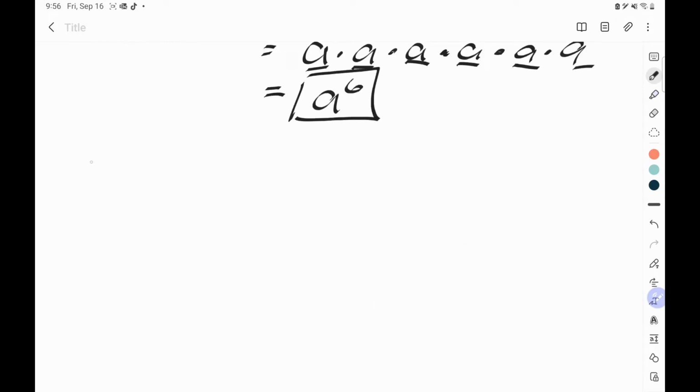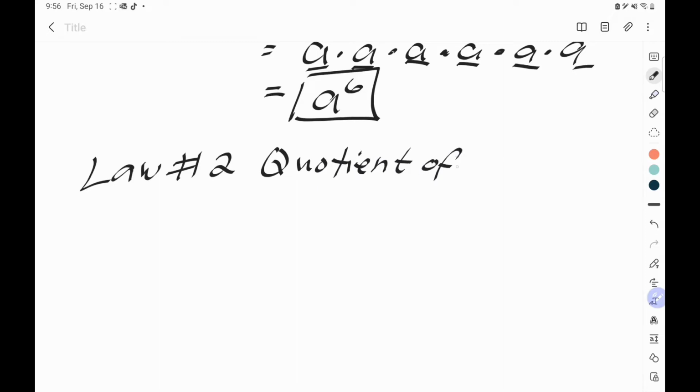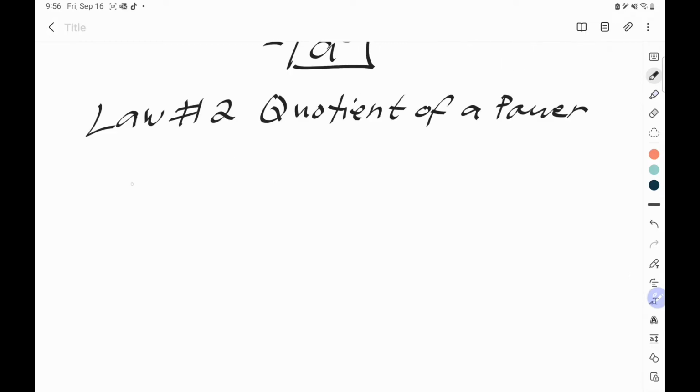Next, let's go to law number 2, which is what we call the quotient of a power, or the division rule. For example, a to the power of m divided by a to the power of n is equal to a to the power of m minus n.